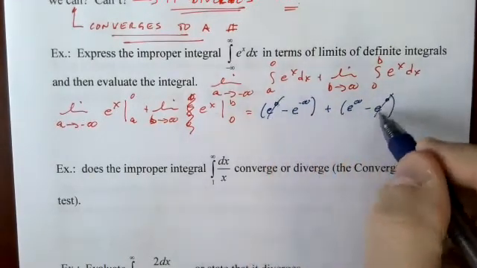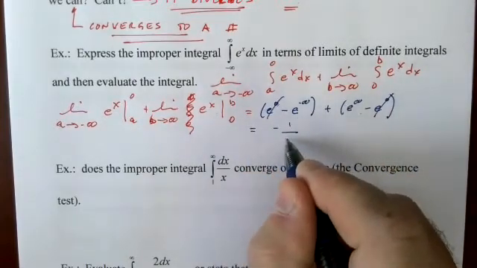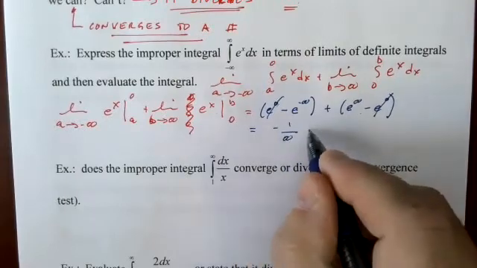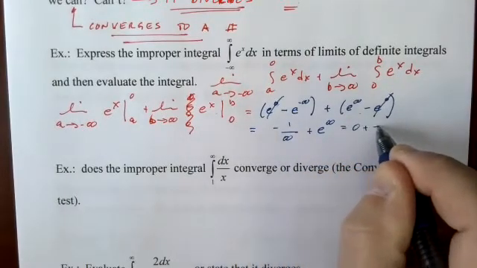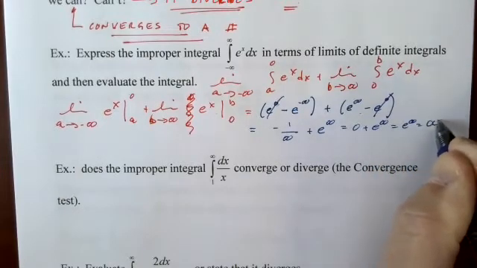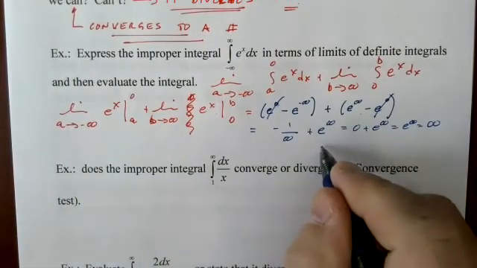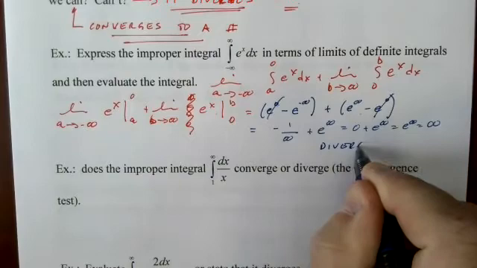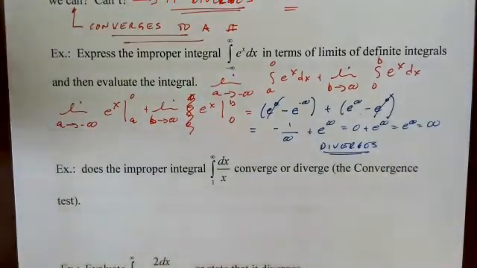Notice these will cancel out. This is negative 1 over infinity, a really big number, which is 0, plus e to the infinity, which is infinity. How many times can I say infinity? Yeah, okay, it diverges. This is one of those times it doesn't work. And if you think about it, that was kind of a dumb moment.